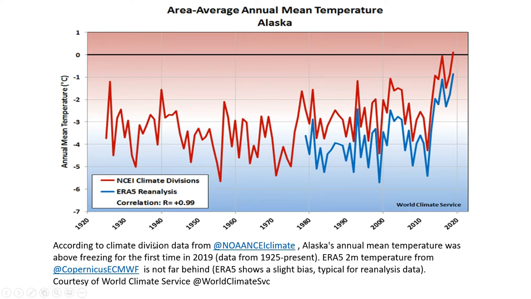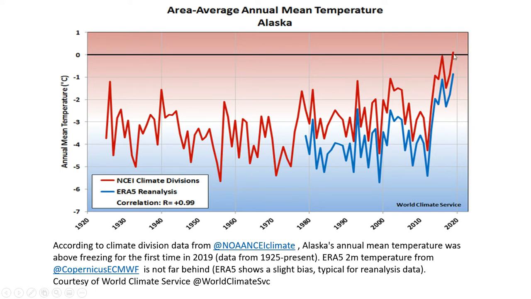According to Climate Division, NOAA NCEI climate, Alaska's annual mean temperature was above freezing for the first time in 2019. Right there. That sort of tickled in 2017. There we went above it.